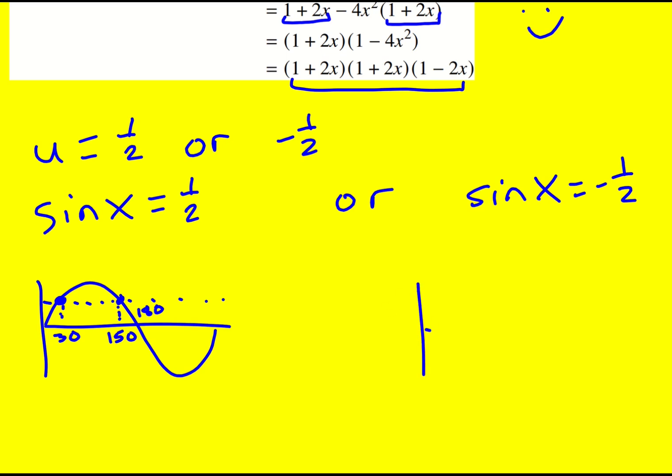And then with the other one, it's minus a half, so it's down here. And again, we can use symmetry because it's going to be 30 away from here now, so it's going to be 210. I don't learn those values, I just learn that I can get them.